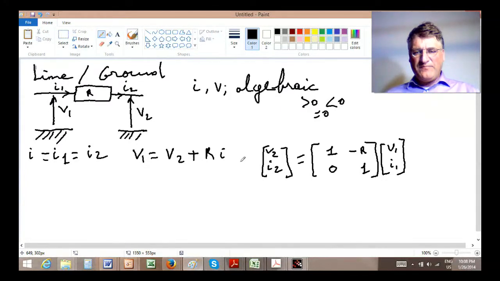So the resistor is the simplest element, and it is very useful. What you may notice is that (V2, I2) as a function of (V1, I1) is a linear function.